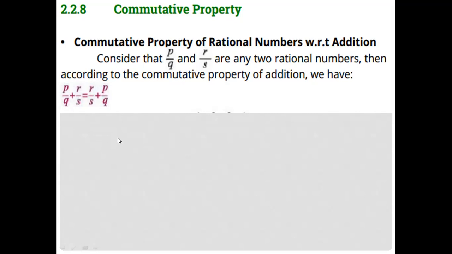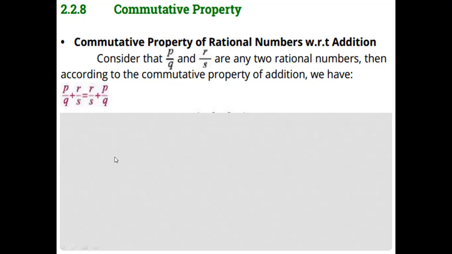You know how to add the rational numbers by taking the denominator same and then by taking LCM. You will check that if you change the order, means the second rational number you write first and the addition symbol, and then you write the first rational number P over Q, you will get the same answer.